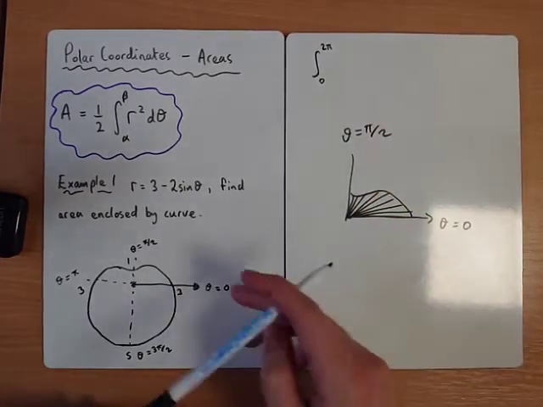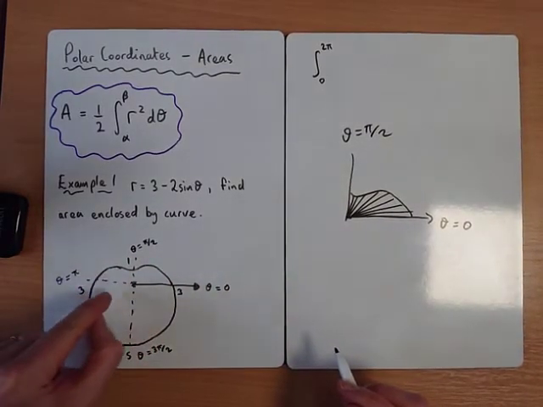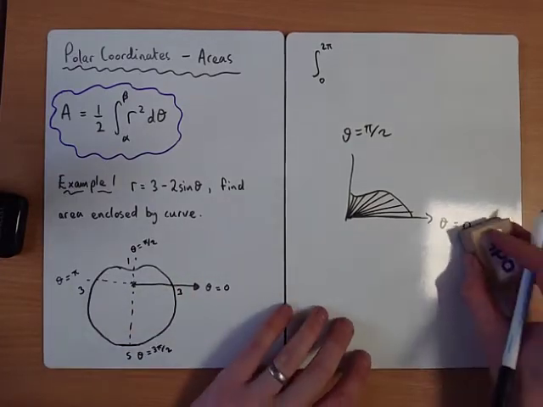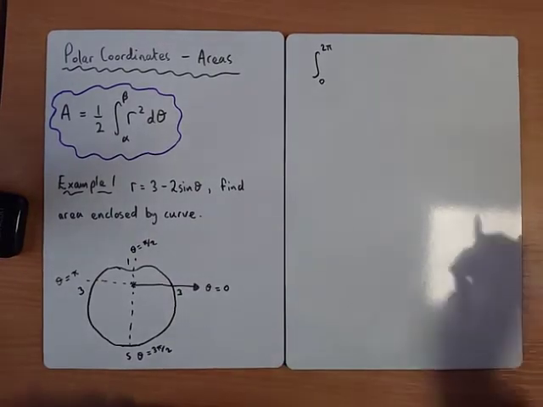So obviously if we want to trap all of this area, we have to rotate round from 0 to 2 pi, and that will give us that area there. So it's very important that we use the right limits when we do this integral.